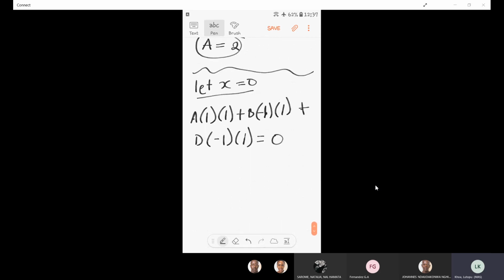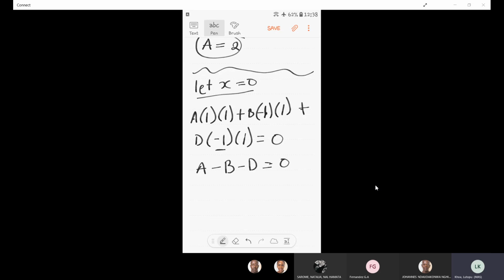Okay, so I have a minus b minus d, so it's minus d because of this minus 1. This is equal to 0. But then we know what a and b are. We solved those ones.